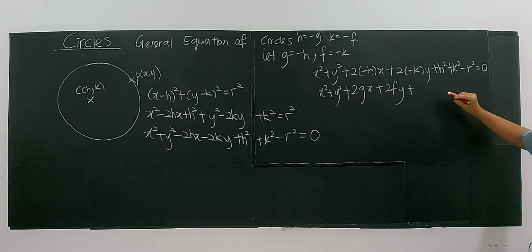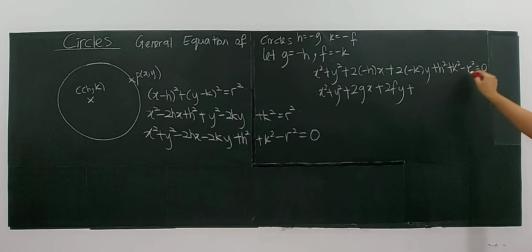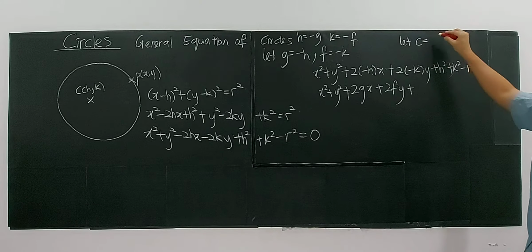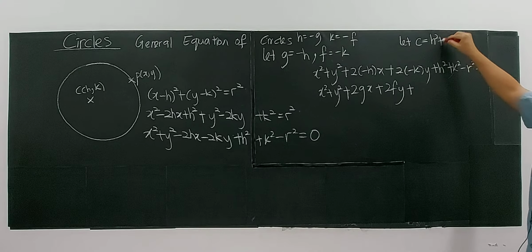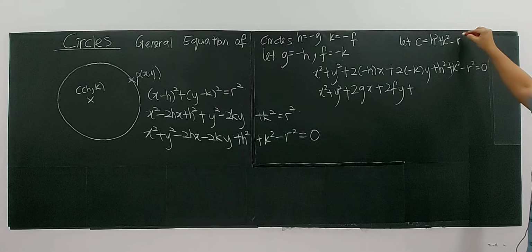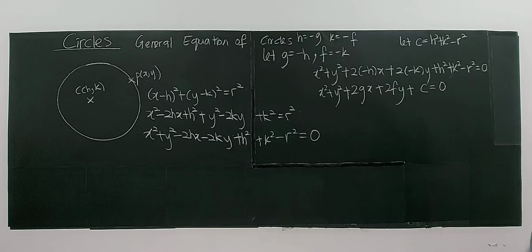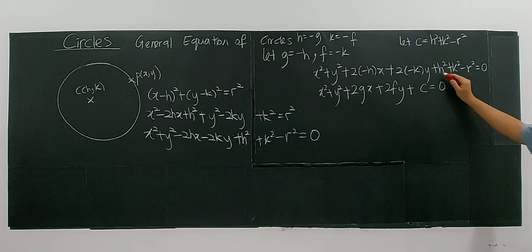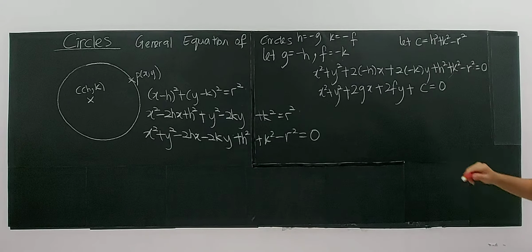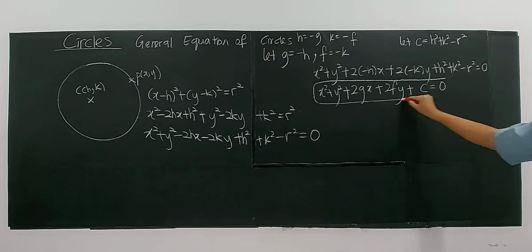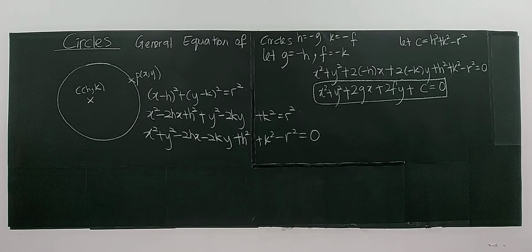I let this whole thing be c, h squared plus k squared minus r squared equals c. As h, k and r are constants, this becomes the general equation of the circle.